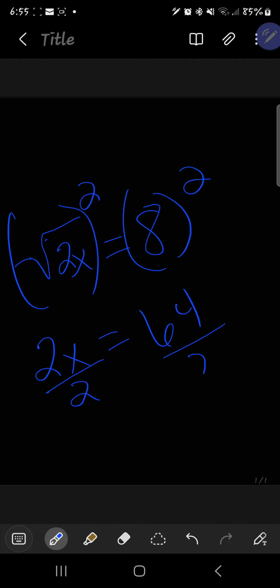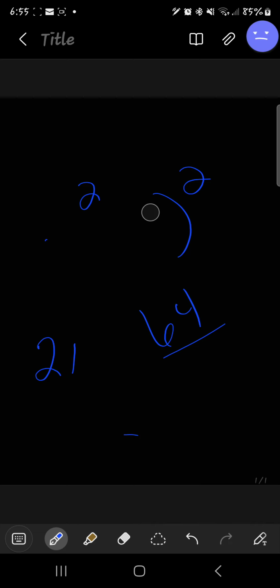That square is going to take away that square root. 2x equals 8 squared, which is 64. From here, you just divide. Because that's 2 times x, you need to get x by itself by doing the opposite, and x equals 32. Fun stuff.